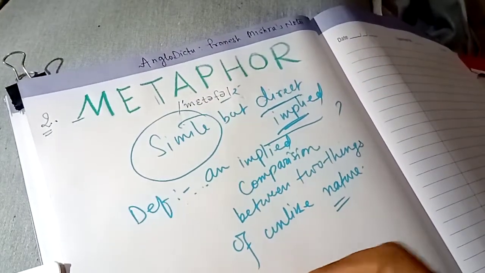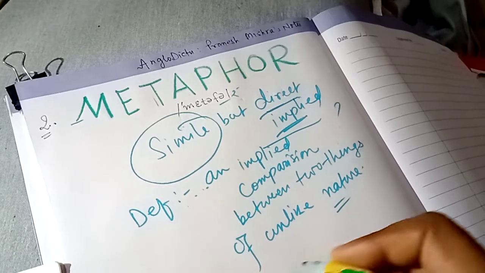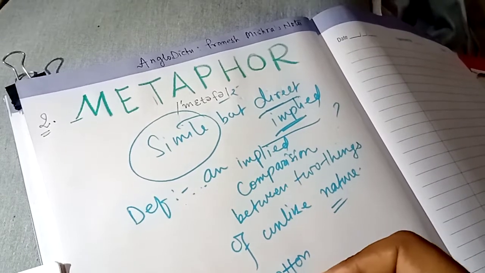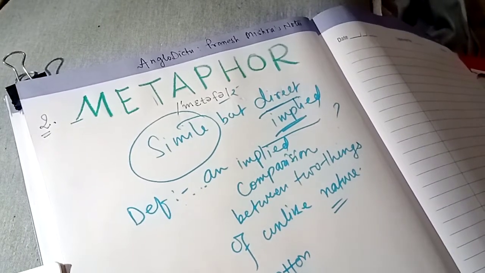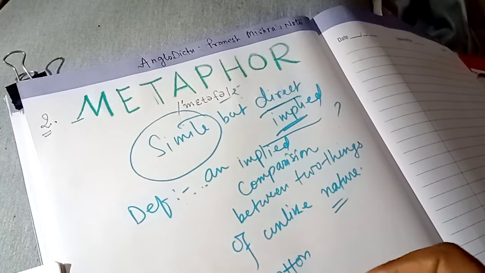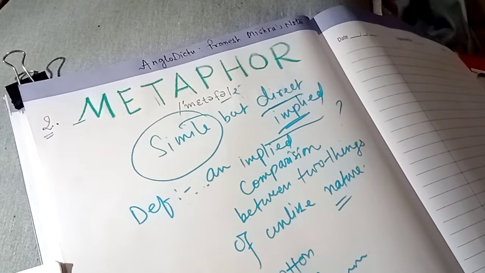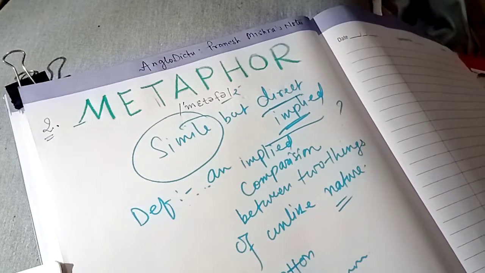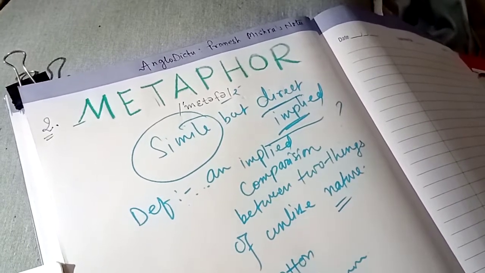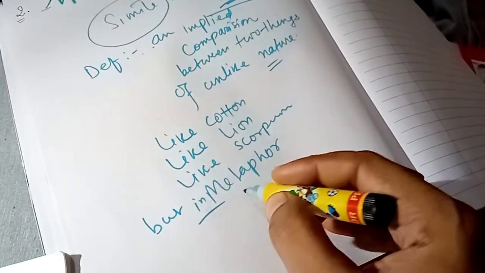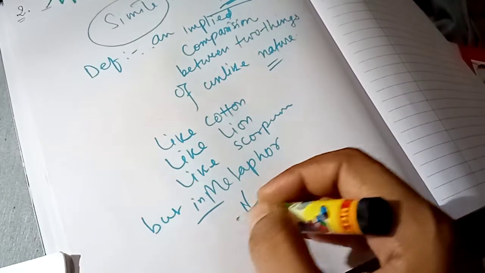So what was simile? Like cotton, like lion, like scorpion. But in metaphor, what do we do? We imply it directly.